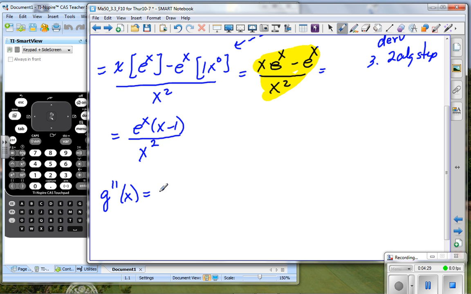So here we go. The second derivative, and I'm going to mark this as the first derivative so we can see it, is the derivative of the first derivative.